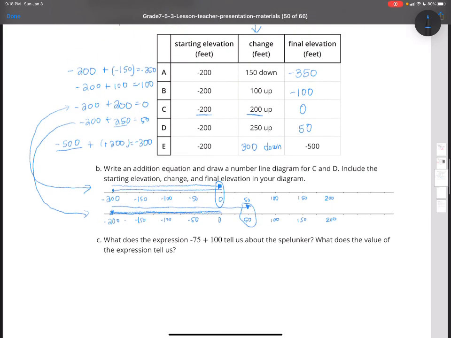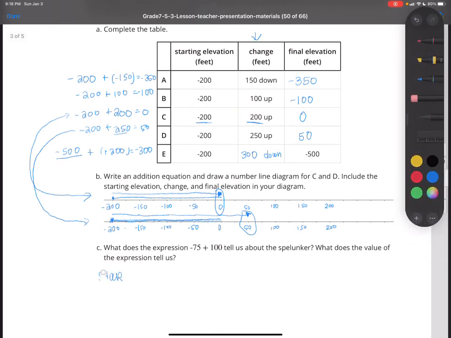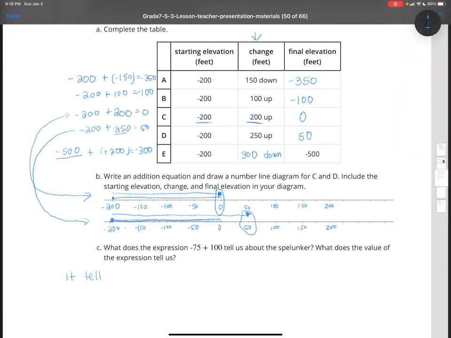Okay, so it tells us that the spelunker started at, and since the first number is negative 75, at negative 75 feet.